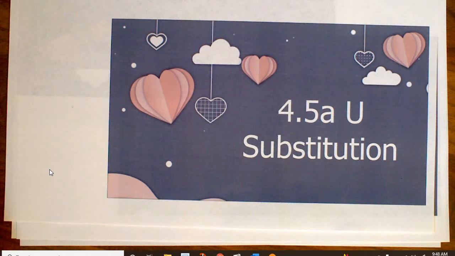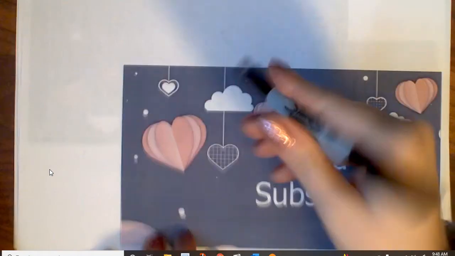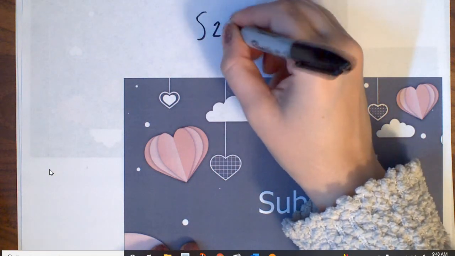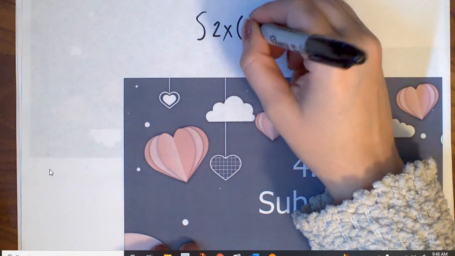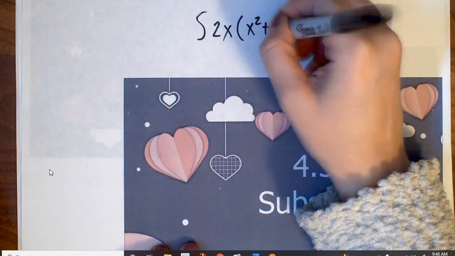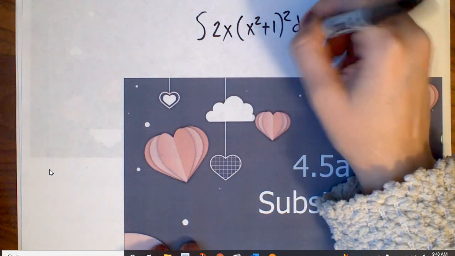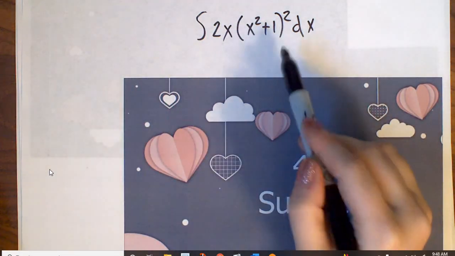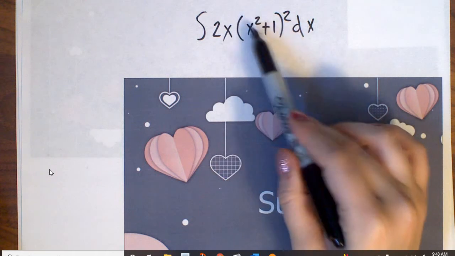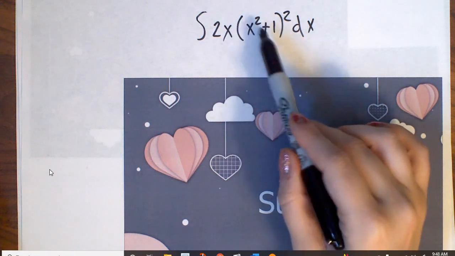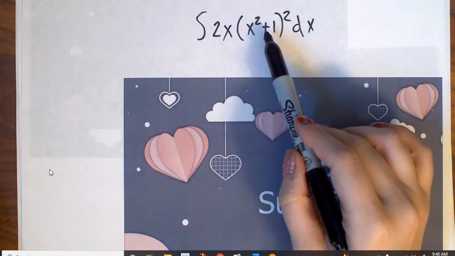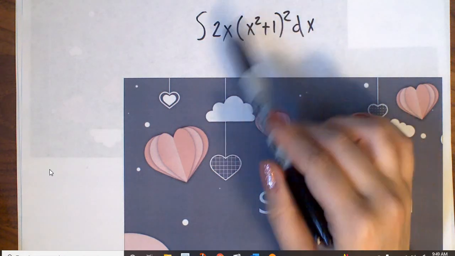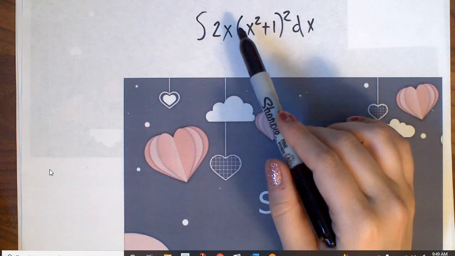So if we had something that looked like the integral of 2x times (x squared plus 1) squared dx, notice that because we have stuff on the inside of this function, we wouldn't be able to do it. Now, up until now, we would have just multiplied this out and then multiplied by 2x to use our power rule.